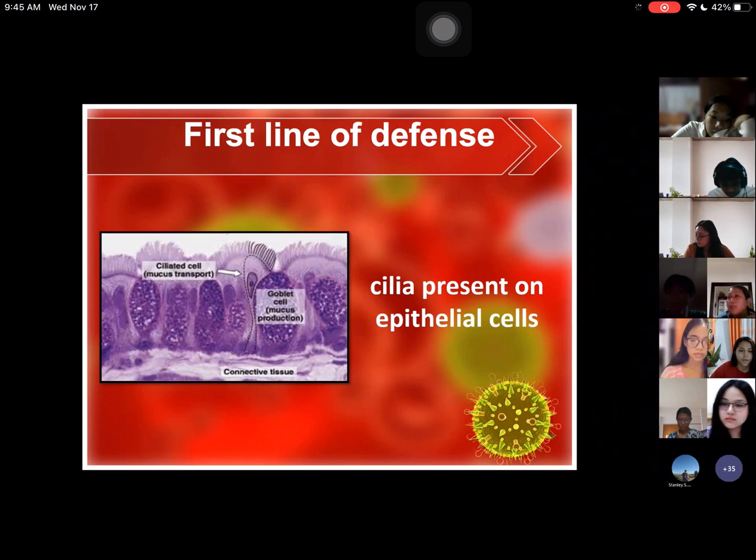So parang kumbaga they wipe off the microorganisms or invaders because of its structures. It has hair-like structures that usually defend our system from invaders. So that's the cilia.